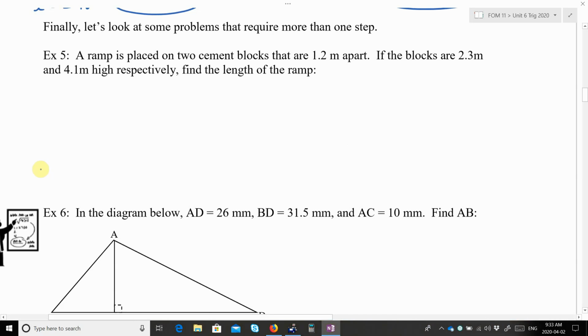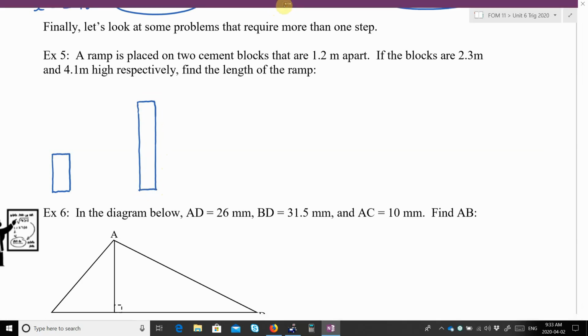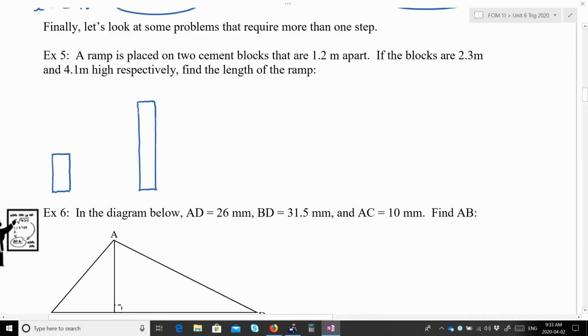Okay, so we have a cement block here, and we have a cement block here, and it is saying a ramp is placed on two cement blocks that are 1.2 meters apart. So the ramp is like this. It's going from this cement block to this one here.